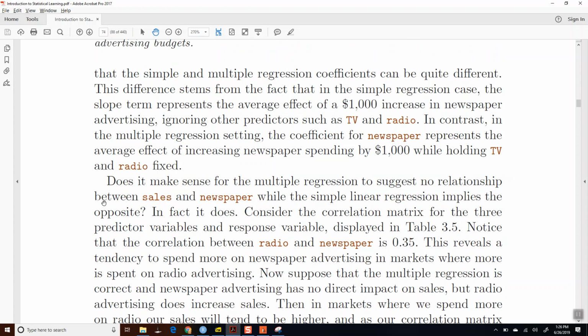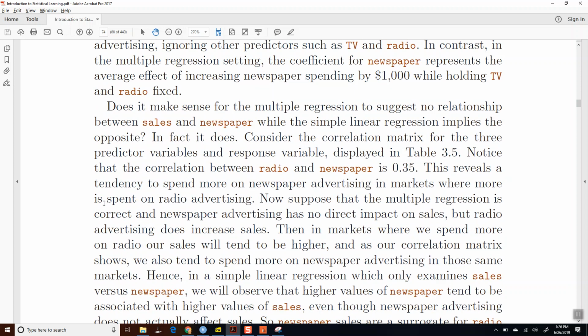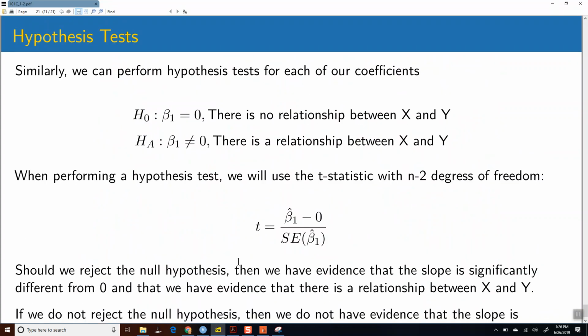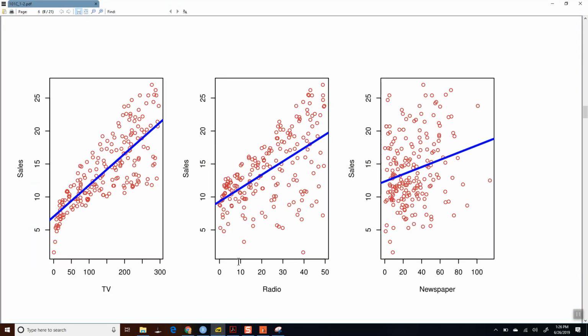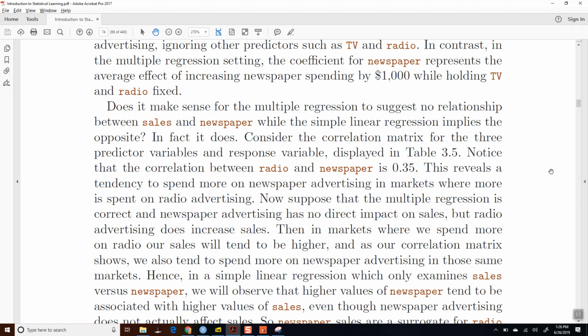And so, the question, if we did this individually, okay? If we go back, let me pull up this other slide here. If we look at the newspaper and we did simple linear regression, where we just look at sales versus newspaper, we would definitely get a positive slope and some kind of relationship.